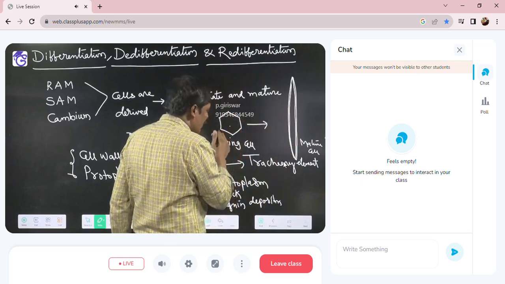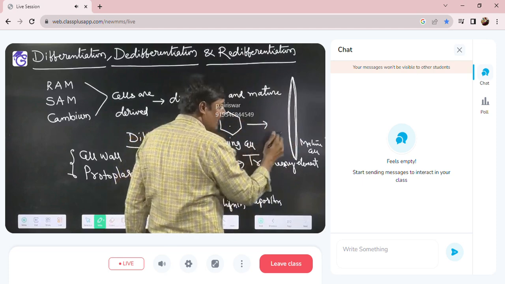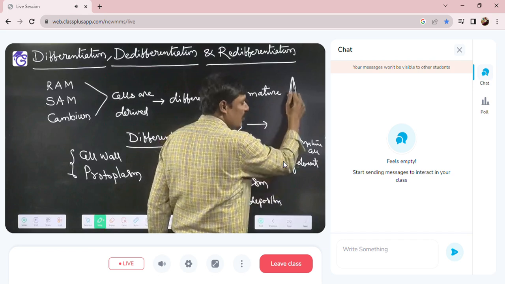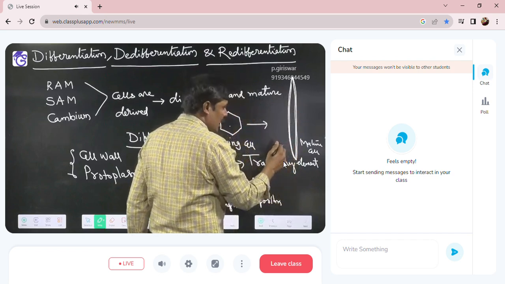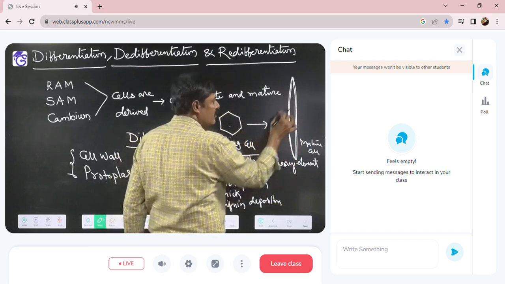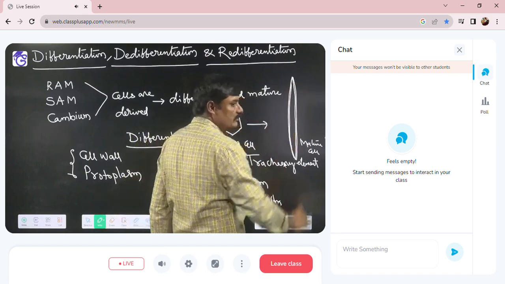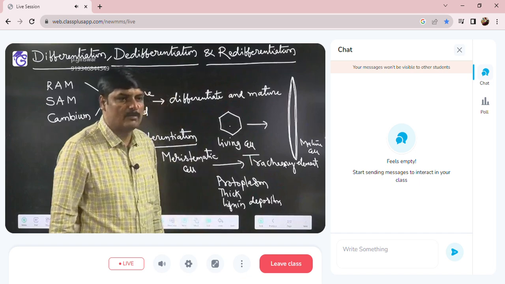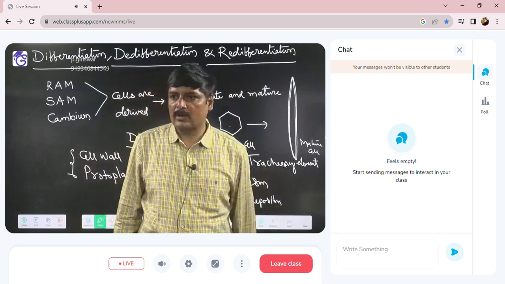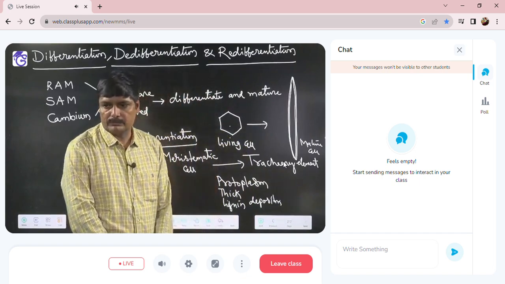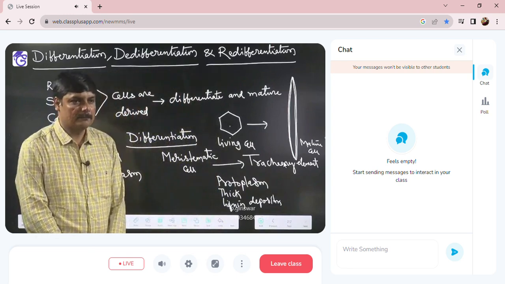Here the cell walls are thin and cellulosic. Here thick lignified walls are formed. And this is soft and this is a very hard rigid cell. And this can resist the movement of water from root system to shoot system. Understand?